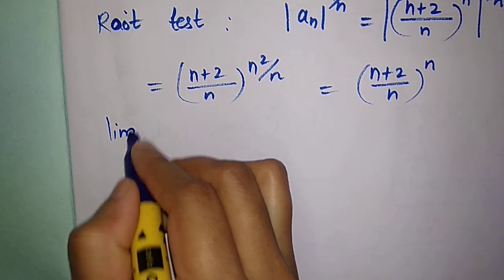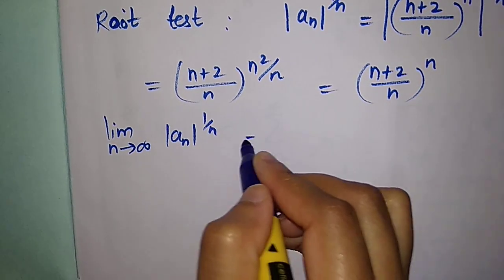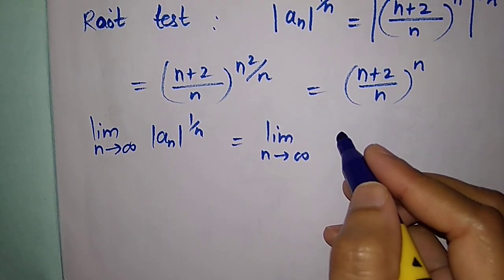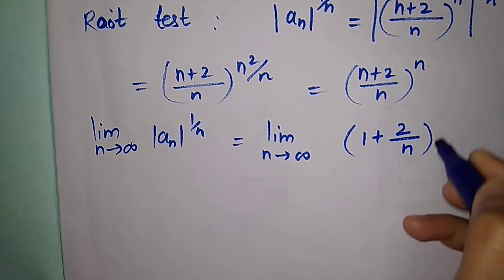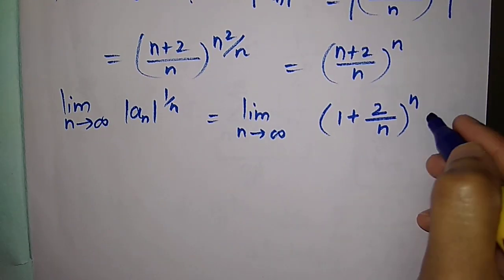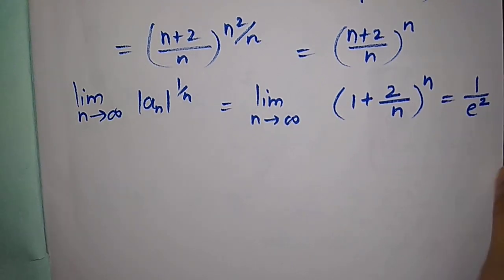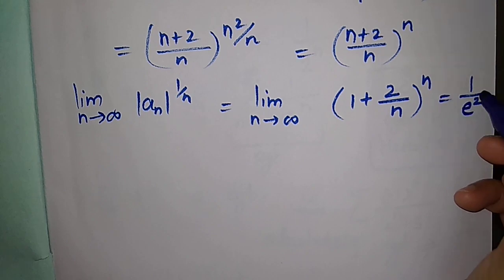So limit as n tends to infinity of mod a n raised to 1 by n is equal to limit as n tends to infinity of this thing, which is just equal to 1 plus 2 by n raised to n, which is equal to e raised to 2, not e raised to 1 by 2.